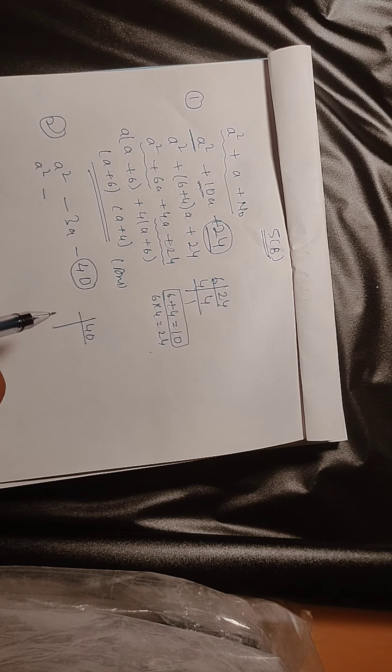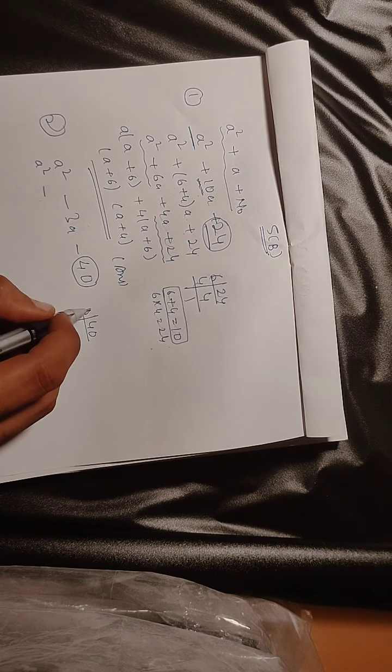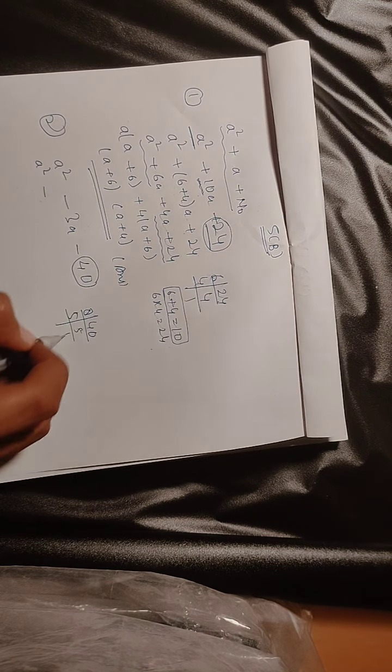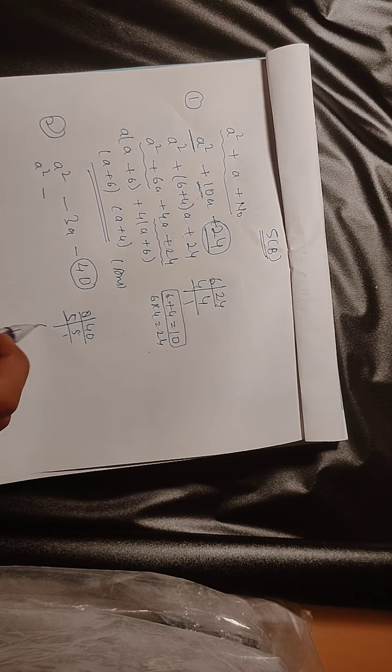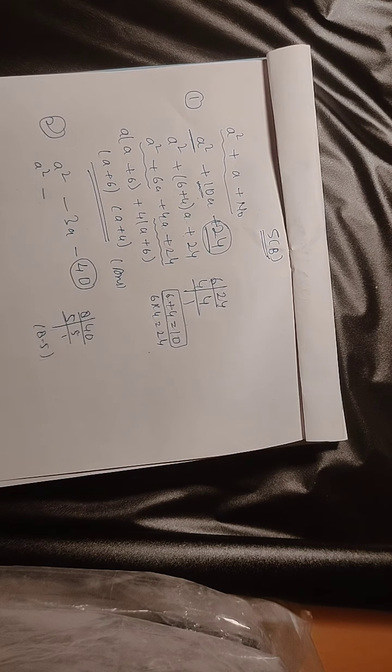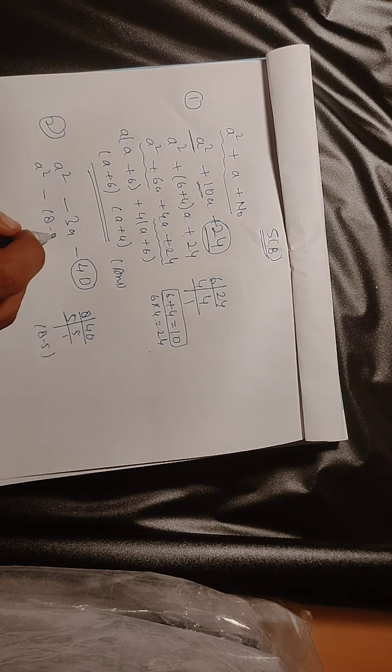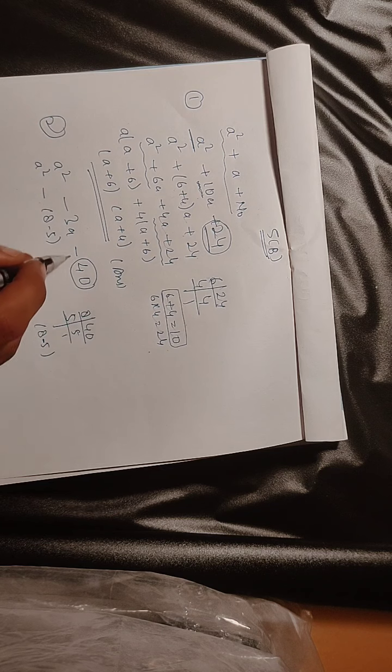So here we can see that 8 times 5 is 40, no problem. Why am I taking 8 and 5? Because 8 minus 5 will be 3. So 8 minus 5, and why am I taking the minus form? Because minus 40 is there.